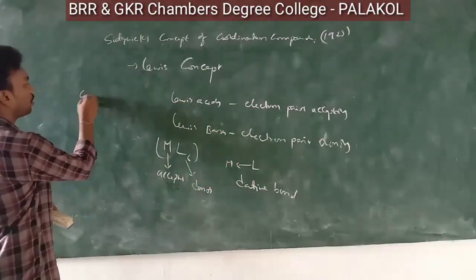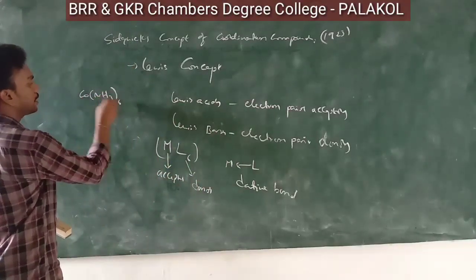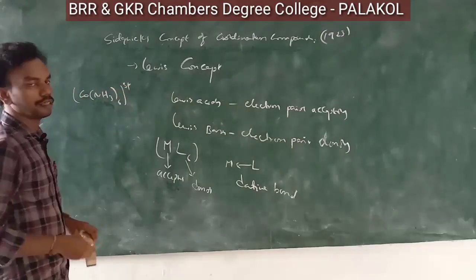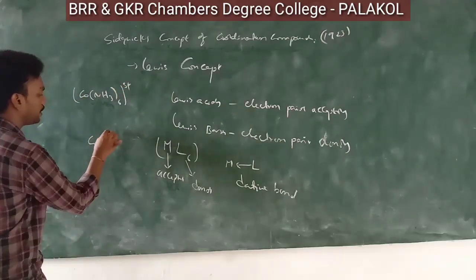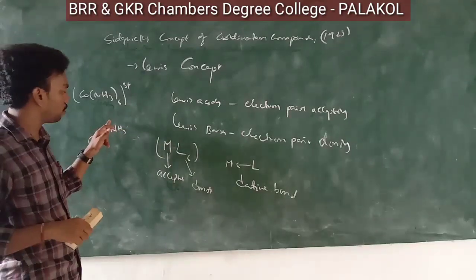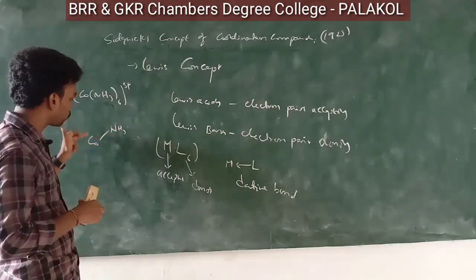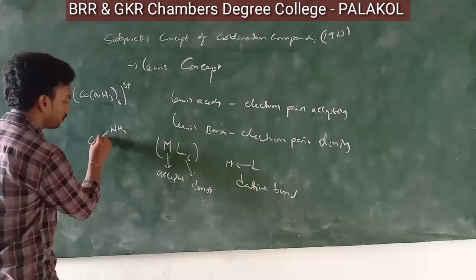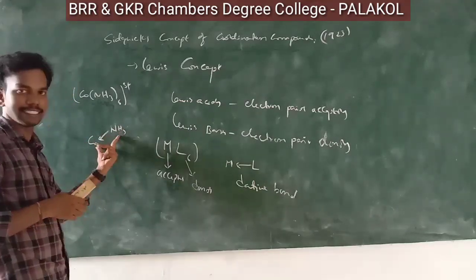For example, see the structure of [Co(NH3)6]3+. Ammonia has a lone pair of electrons on the nitrogen, donating its lone pair to the metal and forming a coordinate bond. So this is the donor and this is the acceptor.